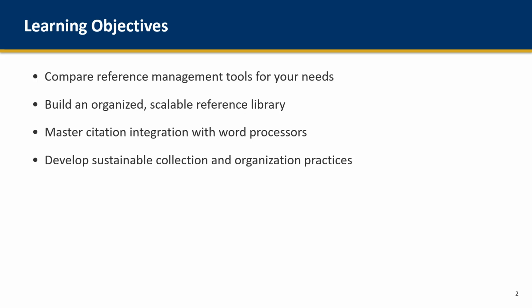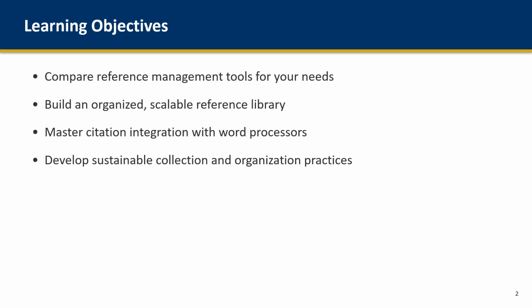By the end of this session, you will be equipped to make informed decisions and implement effective practices across four key areas. First, you will understand the distinguishing features of major reference management tools and be able to select the option that best fits your academic workflow, budget, and institutional context. Second, you will learn principles for building an organized reference library that scales from your first semester to your dissertation and beyond into your professional career.